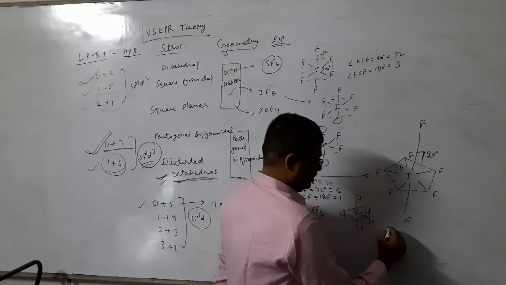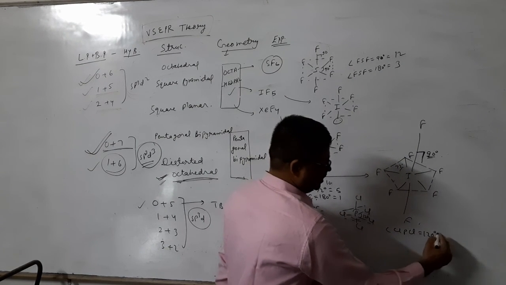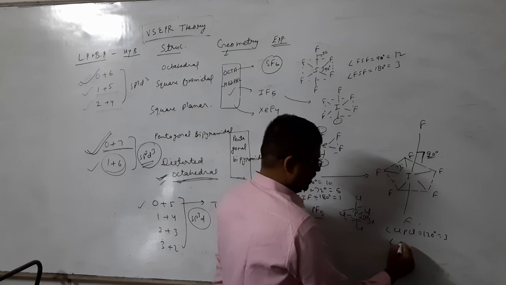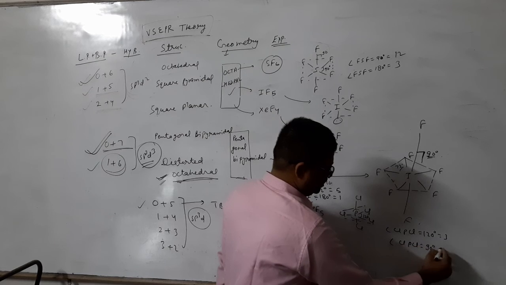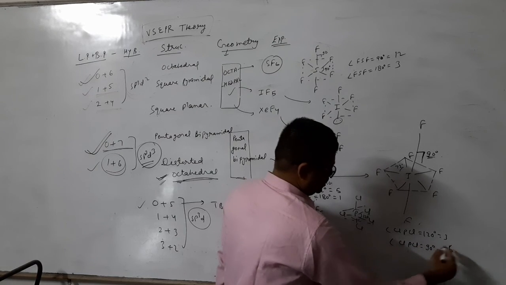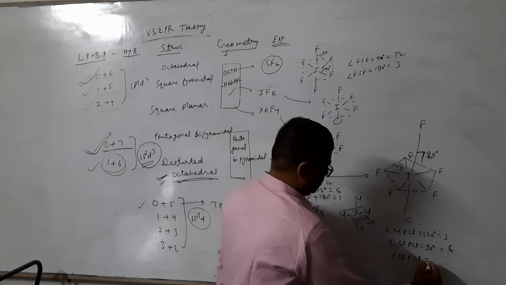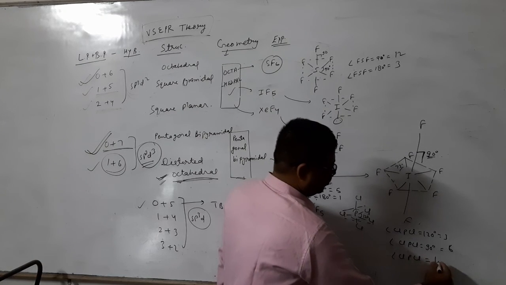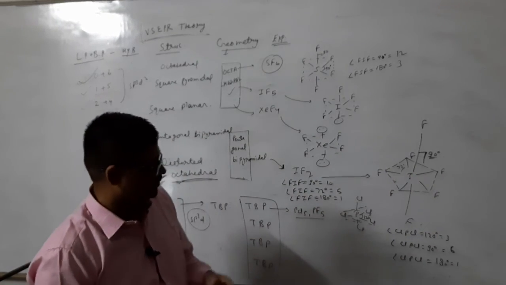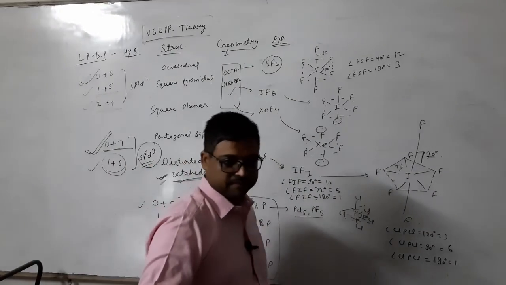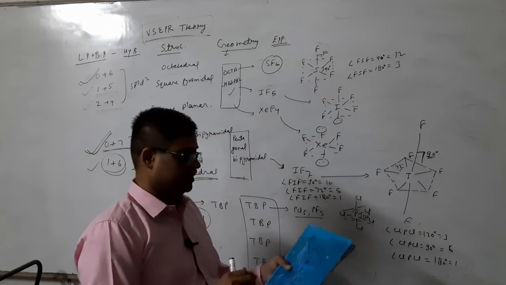We can see angle Cl-P-Cl of 120 degrees are 3, angle Cl-P-Cl of 90 degrees are 6, and angle Cl-P-Cl of 180 degrees is 1.